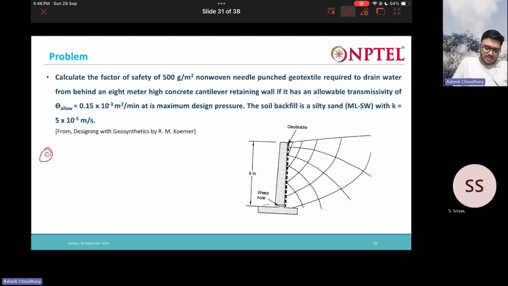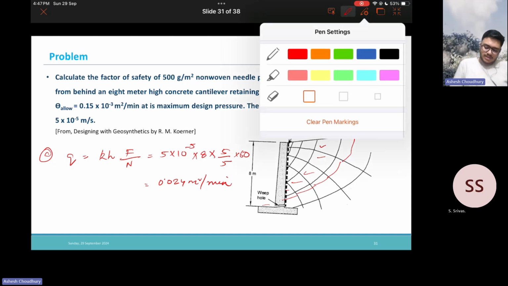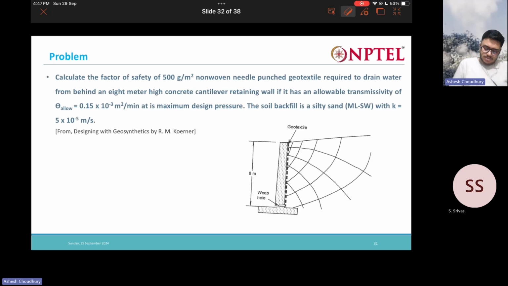First again, we will draw the flow net. How many flow channels? 1, 2, 3, 4, 5. How many drops? 1, 2, 3, 4, 5. So 5 by 5, times 60 for the unit conversion to per minute. Please pay attention to the units. If you make mistakes in the units, your whole problem is going to be wrong.